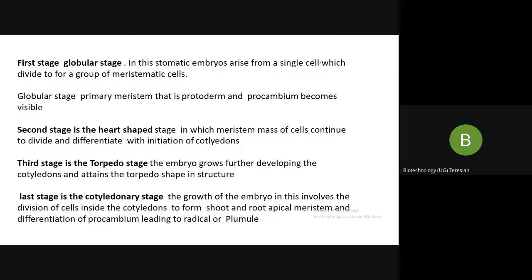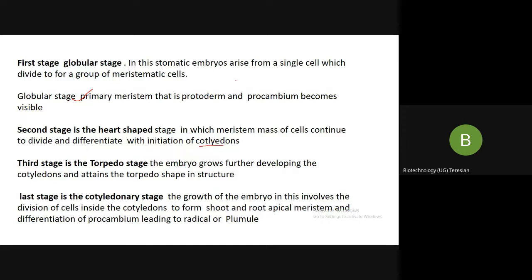So the first one is the globular stage. Primary meristem, protoderm, and procambium will become visible. That is, they are forming the growing point of your root and the shoot. The second stage is your heart-shaped formation. Cotyledons are being produced. Next is the torpedo shape.